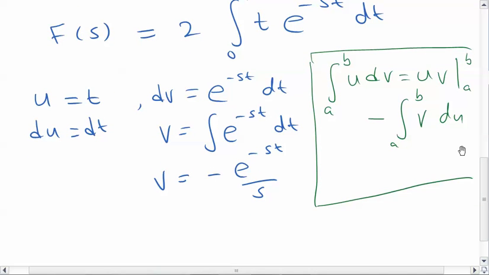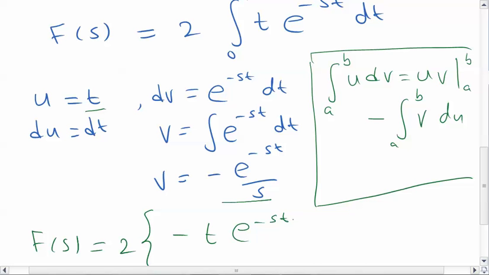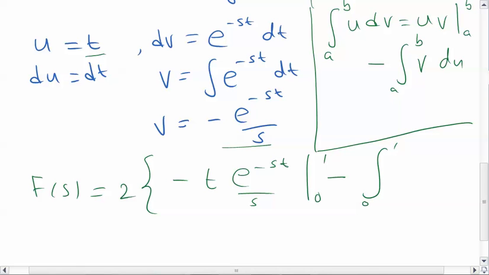So now let me work this out. I will have F(s) equal to 2 times, u is going to be t, v is going to be this, so it will be negative t times e to the minus st divided by s, with the limits from 0 to 1, minus the integral from 0 to 1 of v du.